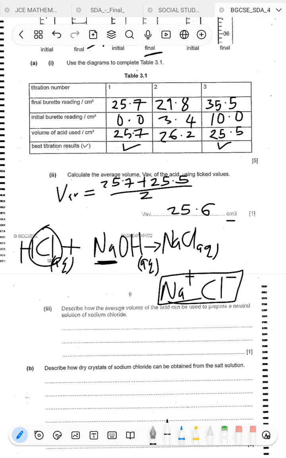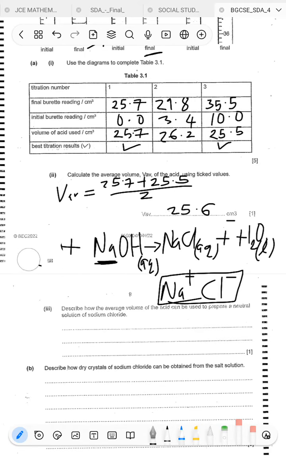Now, of course, all group 1 salts are soluble, hence we can say aqueous there. And then the next thing you form is water, H2O. H2O is a liquid at room temperature and pressure. I do believe the equation is balanced, so we don't need to worry about that for now.